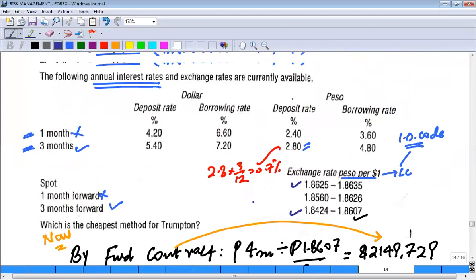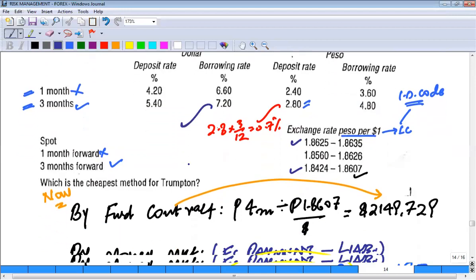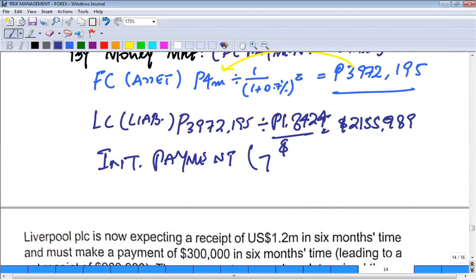The liability interest payment for three months is 7.2% into 3/12.